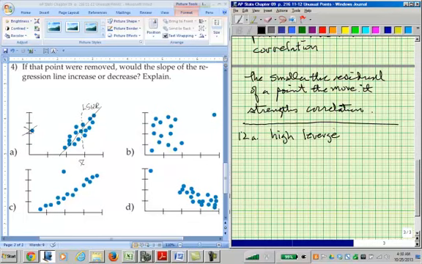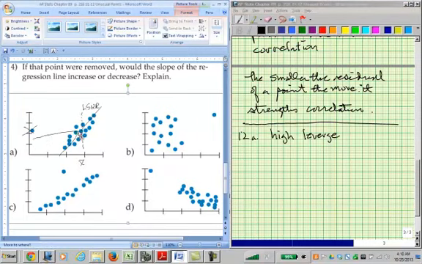So if we leave it in, here's the pivot point, it will tend to pull the LSQR towards it. Now, here's something interesting.